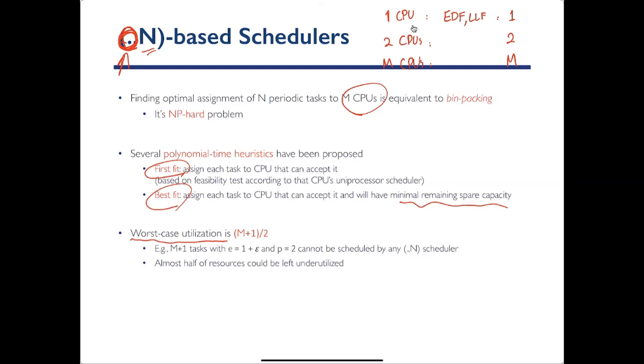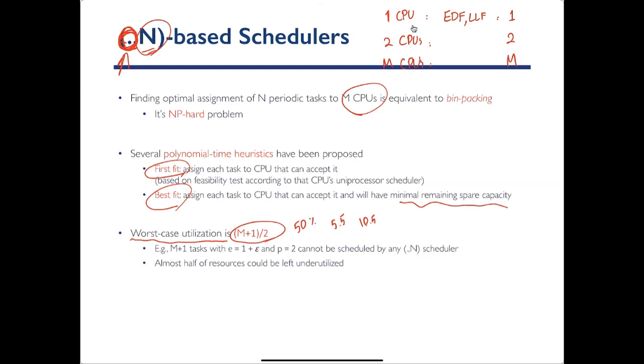You can prove that if you don't have migration, then the worst case utilization is (m+1)/2. So basically, there are task sets with utilization (m+1)/2. So this is basically 50% utilization. If m is 10, this is going to be 5.5. If m is 20, it's going to be 10.5, which is half of your capacity.